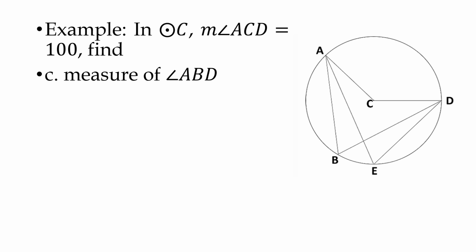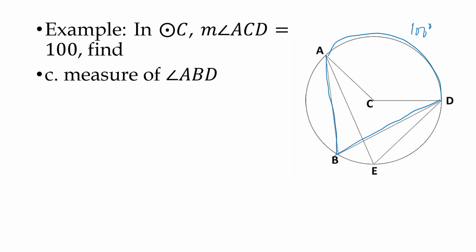Next, C, the measure of angle ABD. Angle A, B, and D intercepts arc AD, which is 100 degrees. If we use the idea in the second example, both angle ABD and angle AED intercept arc AD, which is 100 degrees.